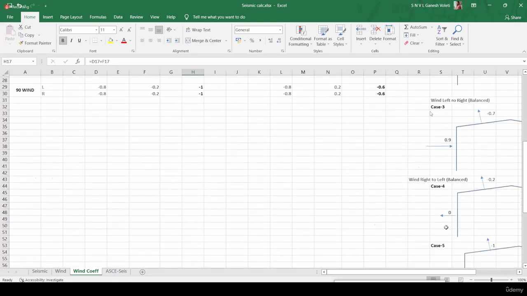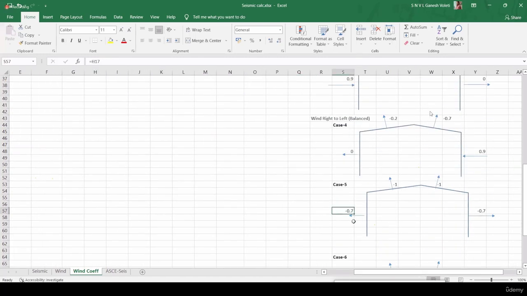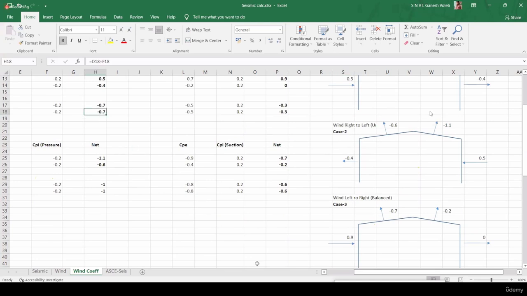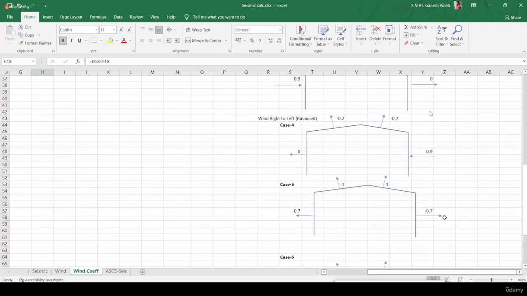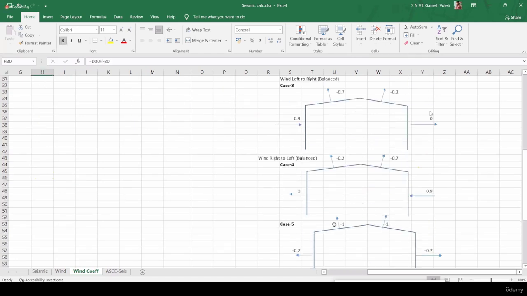In case 5, minus 0.7, I have shown some arrow here that acts away from the surface. On the B surface also it is minus 0.7, and for the roof it will be minus 1. Here minus is nothing but away from the surface; for the roof, away from the rafter, because we are talking about the roof.